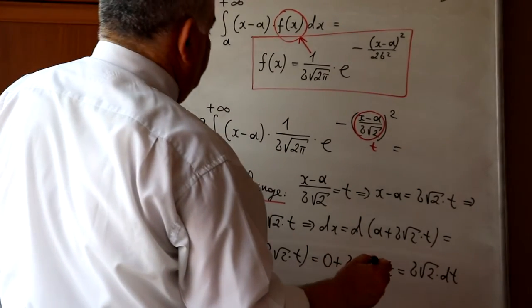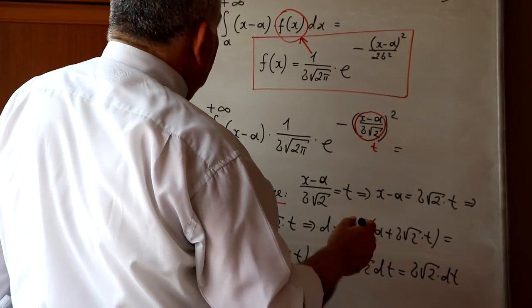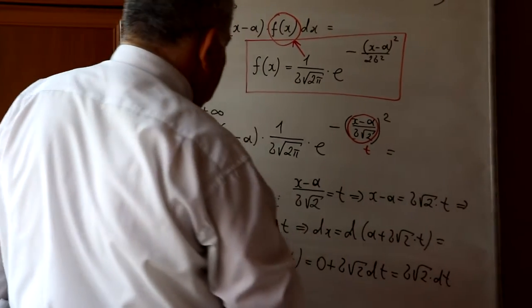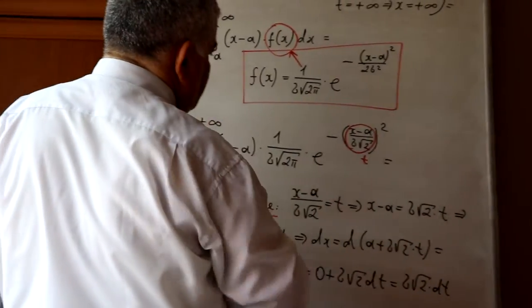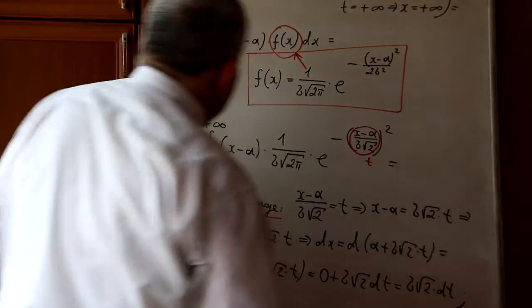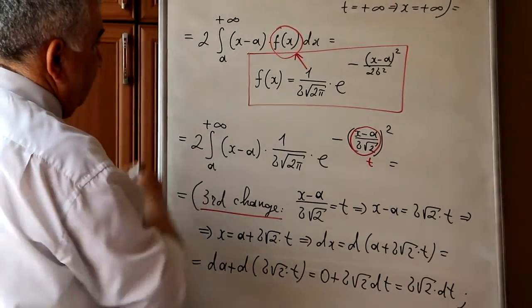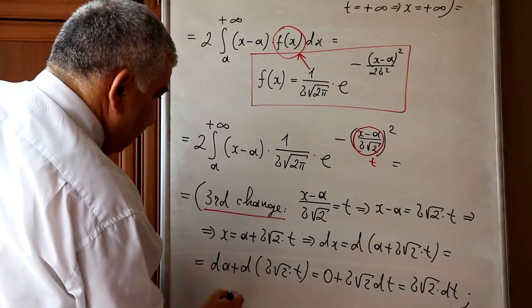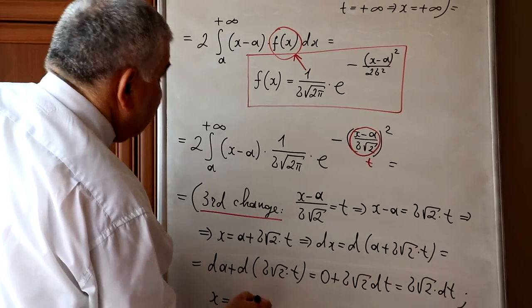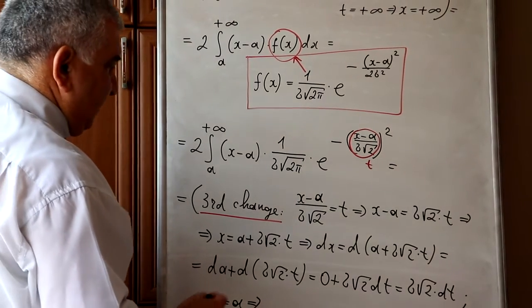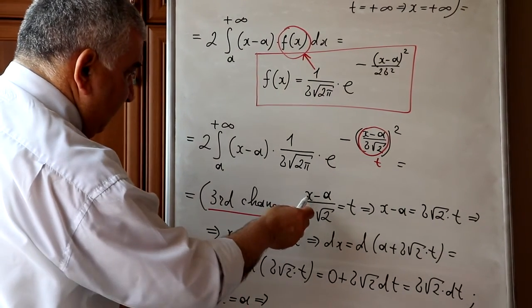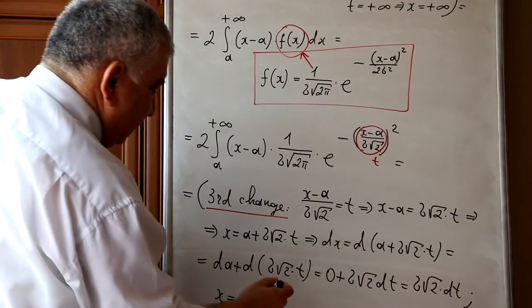And we can consider also the integral limits. If x is a, then substitute a instead of x. A minus a is 0, t is 0.